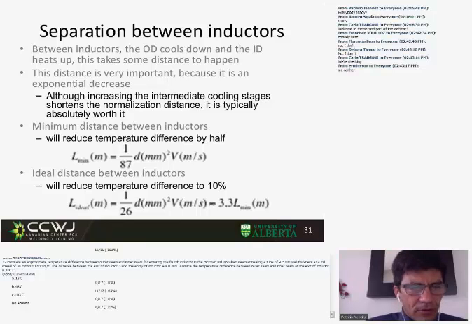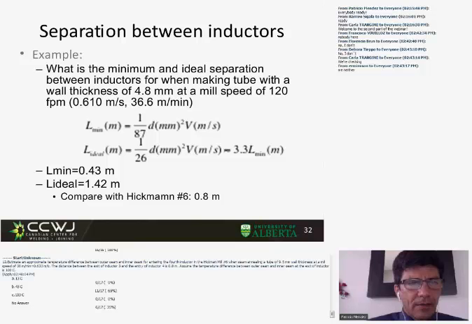I'm going to skip the separation between inductors because we have a few minutes left. But the separation between inductors refers to what would be ideal to have, or what would be good enough to have. And typically in our mills, we have it something in between.